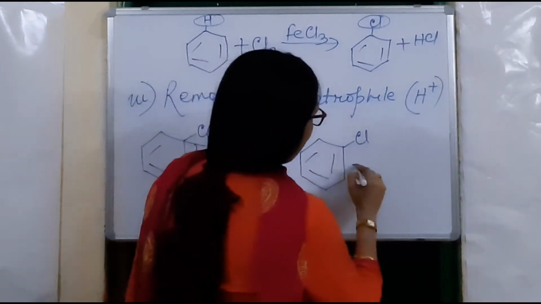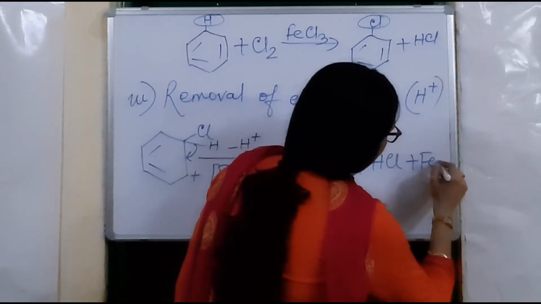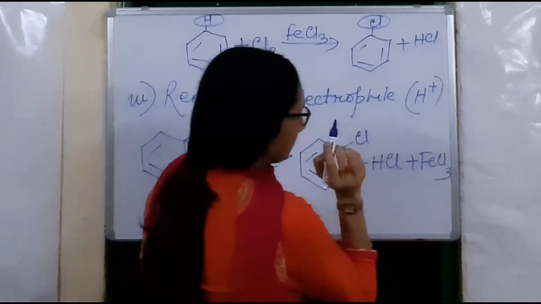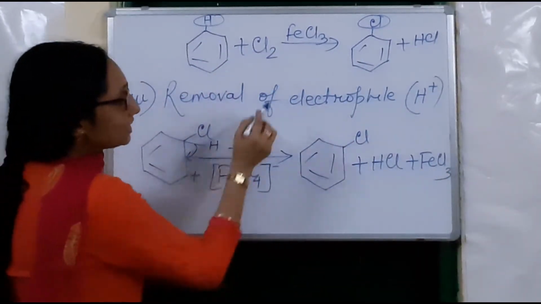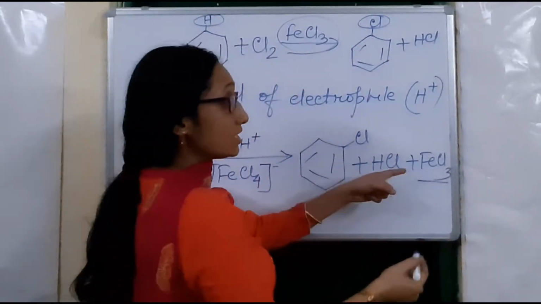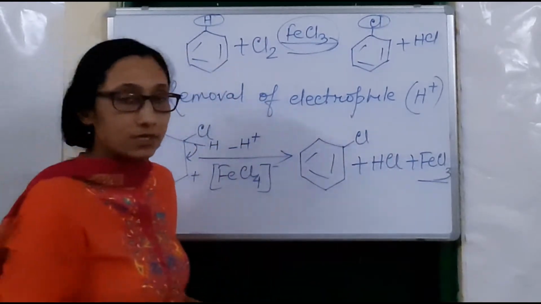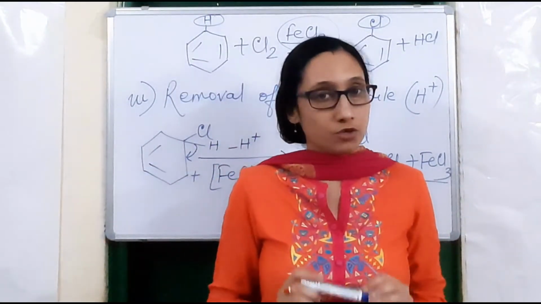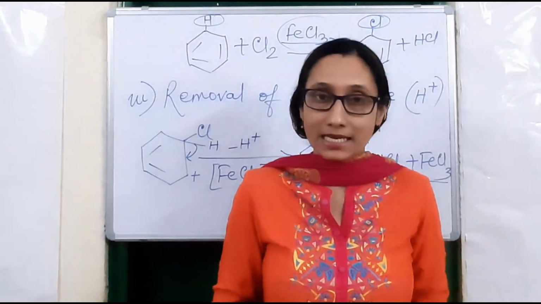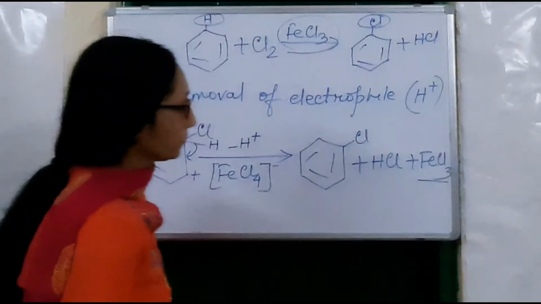chlorobenzene plus HCl plus FeCl3. So we can also say that FeCl3 is acting as a catalyst because it is regenerated in the reaction. So this is about the electrophilic substitution reaction of benzene leading to the formation of chlorobenzene.